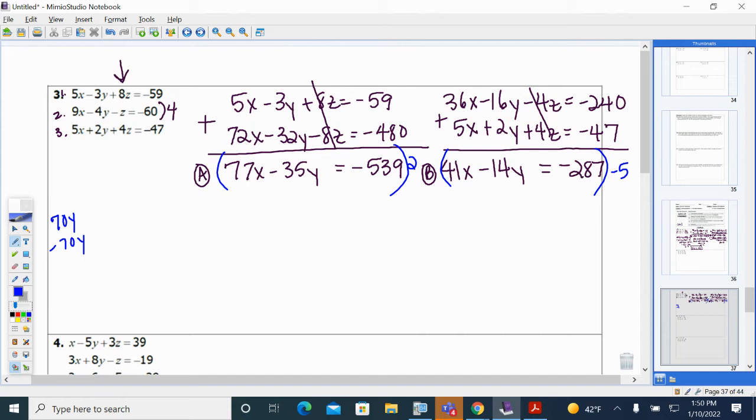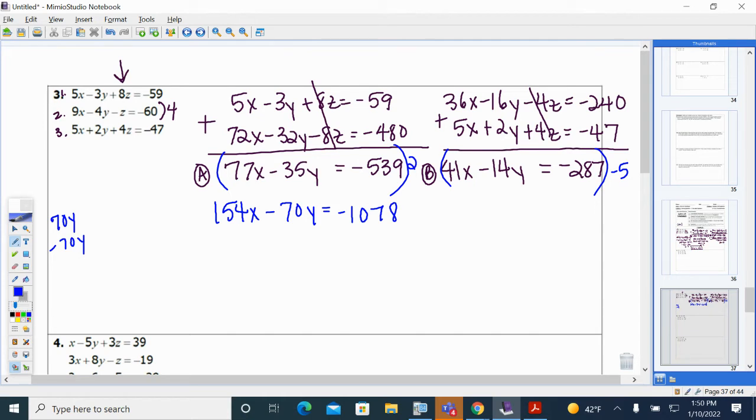There's my positive 70. All right, so let's do this. 77 times 2 is 154x minus 35 times 2 is going to be my minus 70y equals negative 539 times 2 is negative 1078. Okay, that's my new equation A.